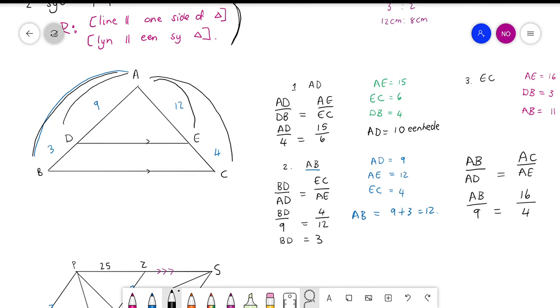I think, unless I made a mistake. I just quickly want to check what I did wrong. Oh, ek het hom oor dieselfde goed gesit. Sorry, this isn't AE. You get the same answer. That's a 12. Okay. Goed.